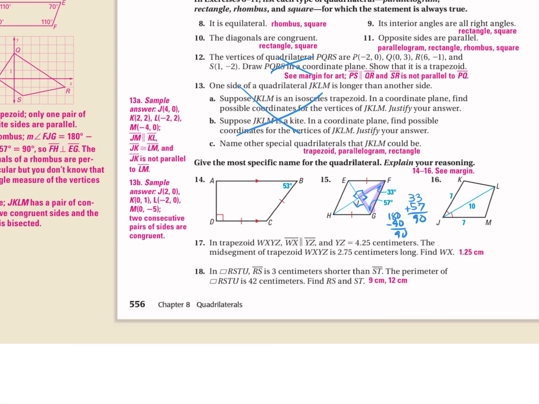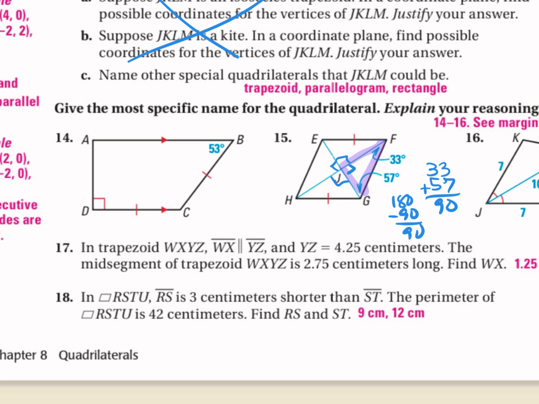So we don't have right angles, but we do have the perpendicular sides. So here, again, these angles would have been bisected, so they're definitely not right angles. So it's not a square. So the most specific name for this is a rhombus. This one was the trapezoid.